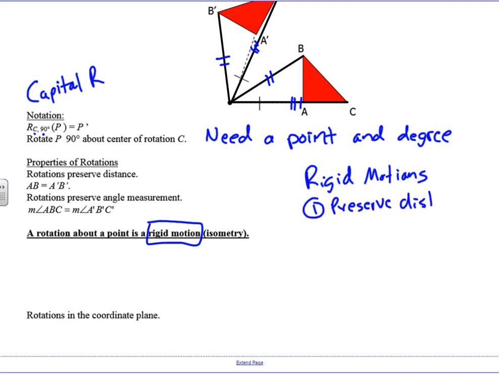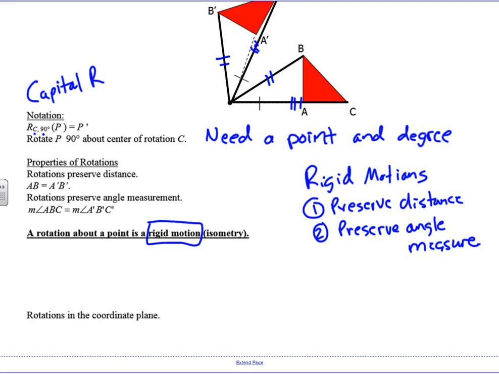Number two, they preserve angle measure. So far in our unit on transformations, everything we've done has been a rigid motion. The translation, the reflection, the rotation are all rigid motions.